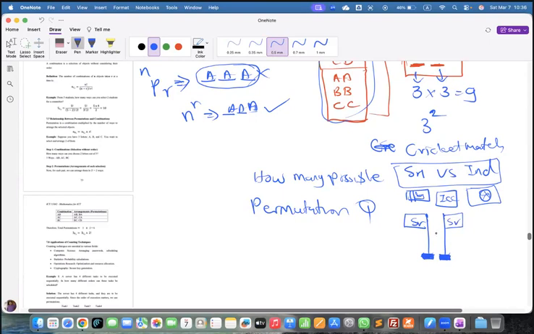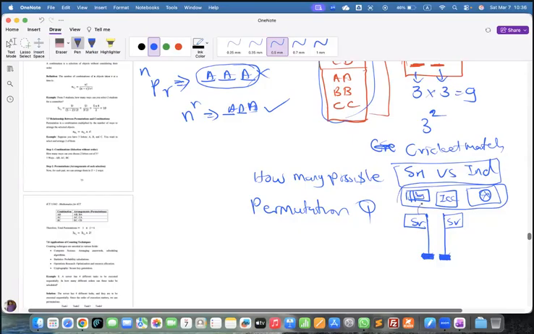Is it possible? In the question I clearly mentioned you have 3 flags. Is it possible to repeat the same flag in both? No, right? Because you have only one Sri Lankan flag, one Indian flag, one ICC cricket board flag. So we cannot hoist the same flag again and again. In both rods, we cannot hoist the same flag.